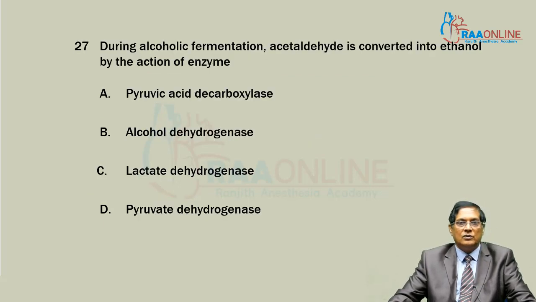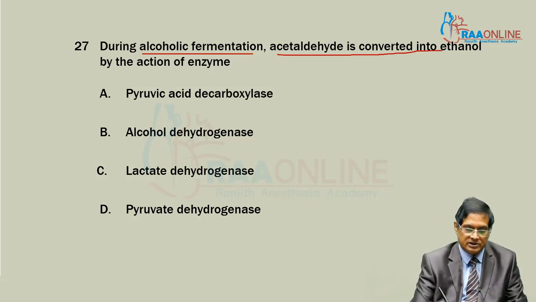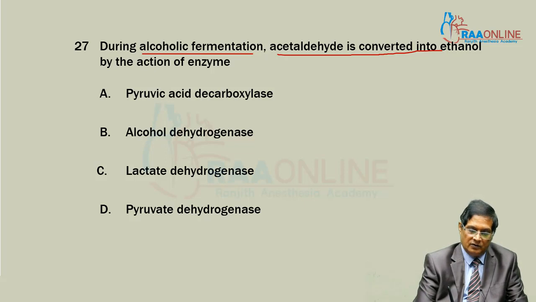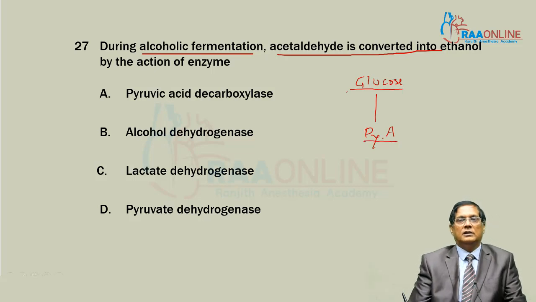Then during alcoholic fermentation, now anaerobic activity is there, acetaldehyde is converted into ethanol. See the two-step activity. First of all, glucose is converted into pyruvic acid, and this process is common between aerobic and anaerobic respiration, that is glycolysis.